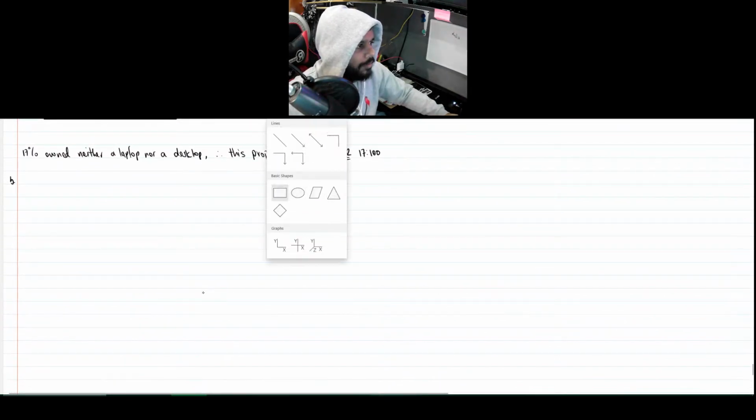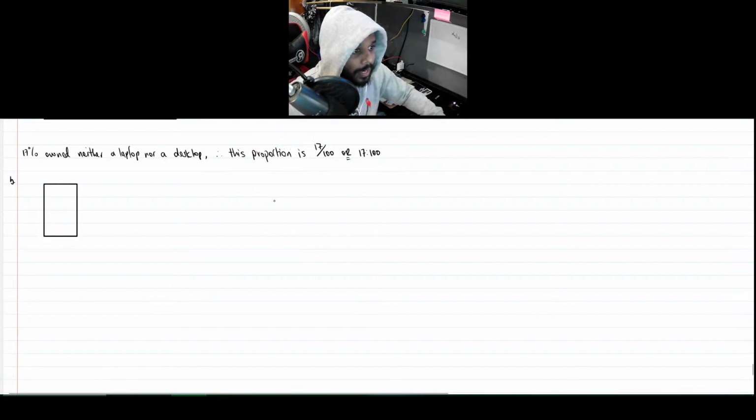We could draw a bag. Inside of the bag, the question says we have 4 red, 3 black, and 3 blue.